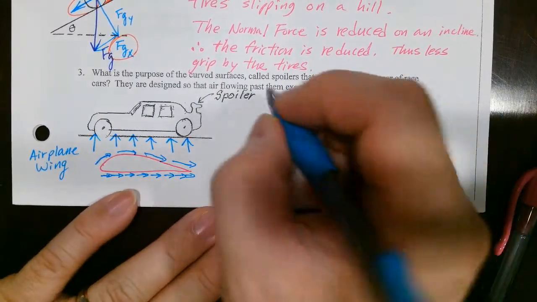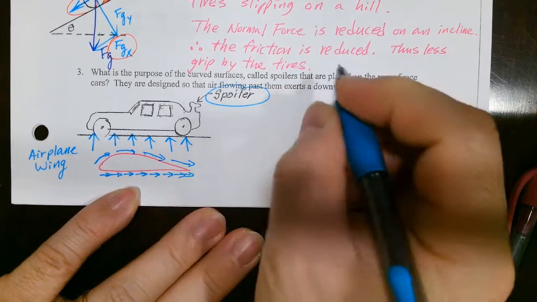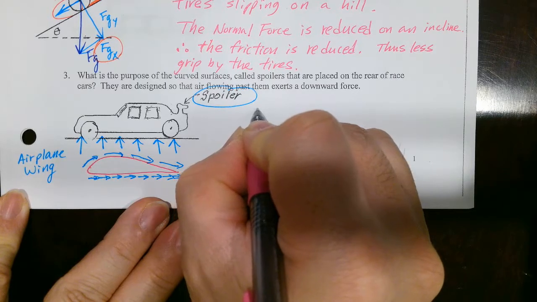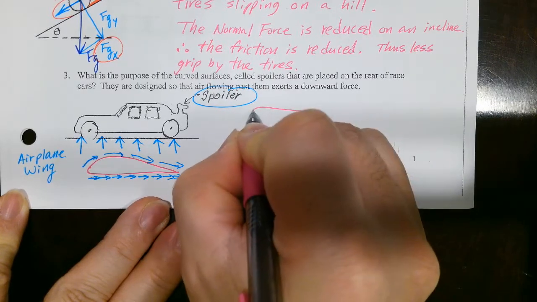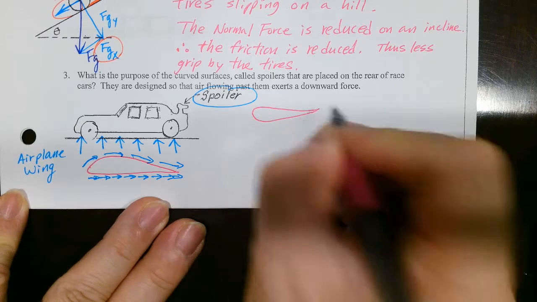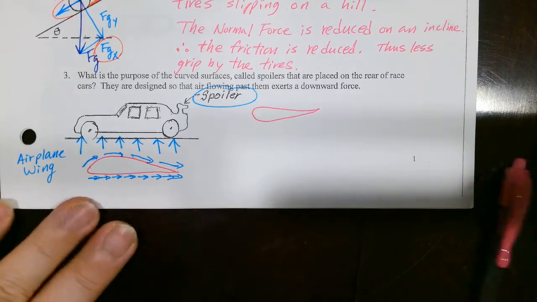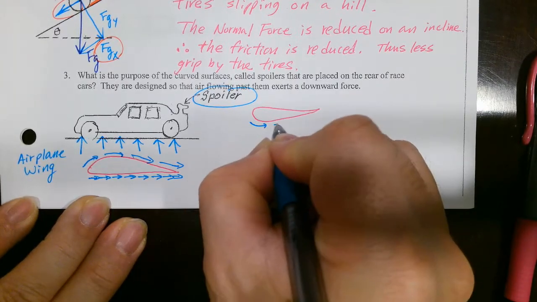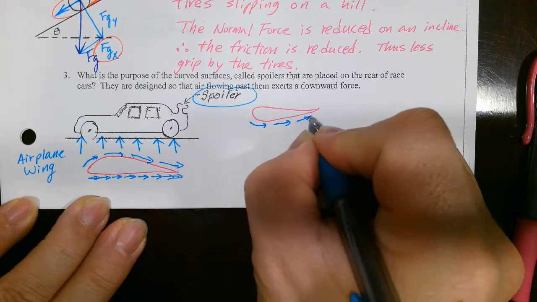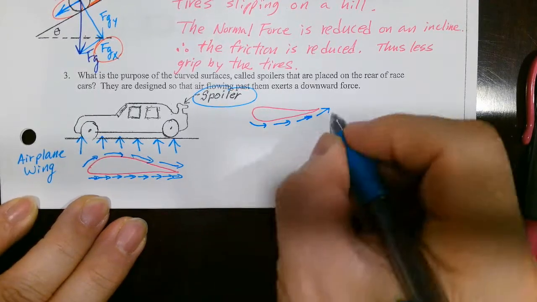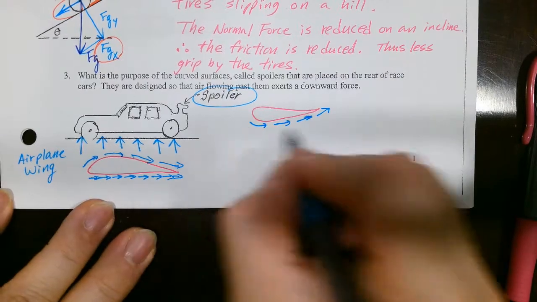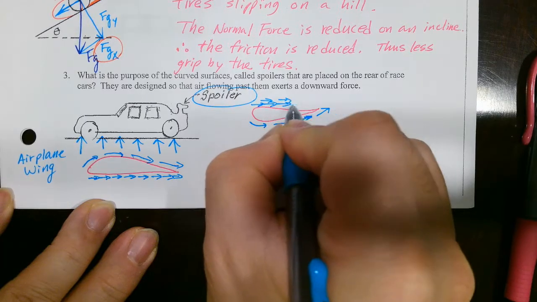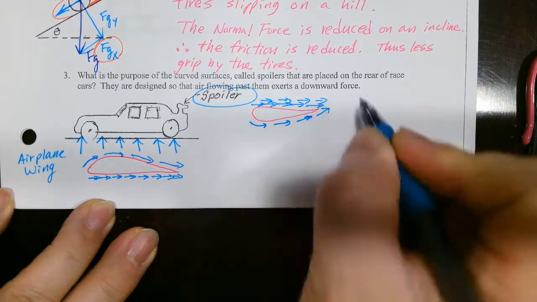However, a spoiler is exactly the opposite of an airplane wing. Even though it looks cool, it has a proper function. Air molecules going to the bottom of the spoiler are a lot more spread out, creating less density than the ones at the top, which are denser than the bottom.